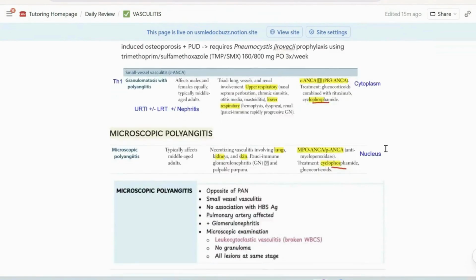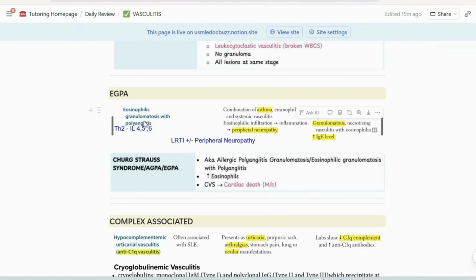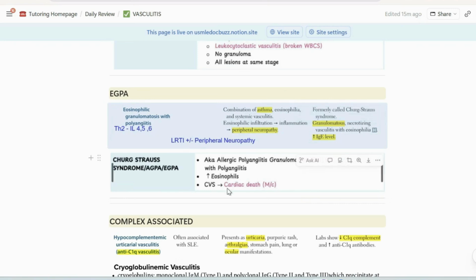Okay. Next comes eosinophilic granulomatosis with polyangiitis. Okay, it's in the name. It's Th2 derived granulomatosis, but with eosinophilia. Now, because you have the eosinophilia, you see that lower respiratory symptoms are more prevalent than anything else, right?